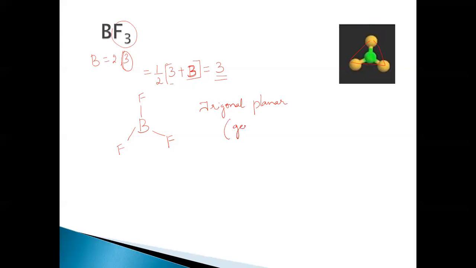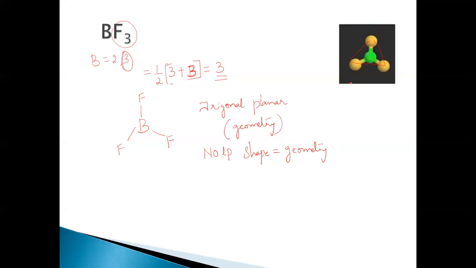Here is the geometry of the molecule. There are no lone pairs because all 3 valence electrons are involved in bonding with the 3 fluorine atoms. This shape is nothing but the geometry of the molecule, in this case BF3, which is trigonal planar, or simply plane triangle, we can also say.